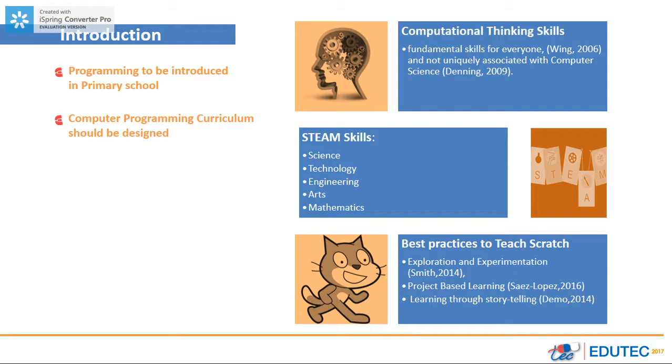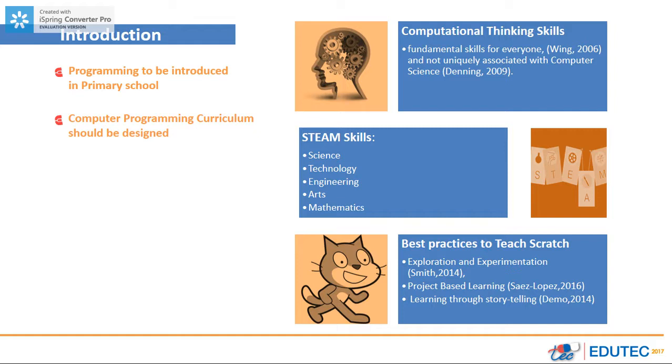In our research, there are three key concepts: computational thinking skills, skills in the area of STEAM education, and best practices to teach Scratch programming language. First of all, when it comes to computational thinking, it's a fundamental skill for everyone, not just for computer scientists. Computational thinking is a key ability associated with a variety of disciplines as science and mathematics.